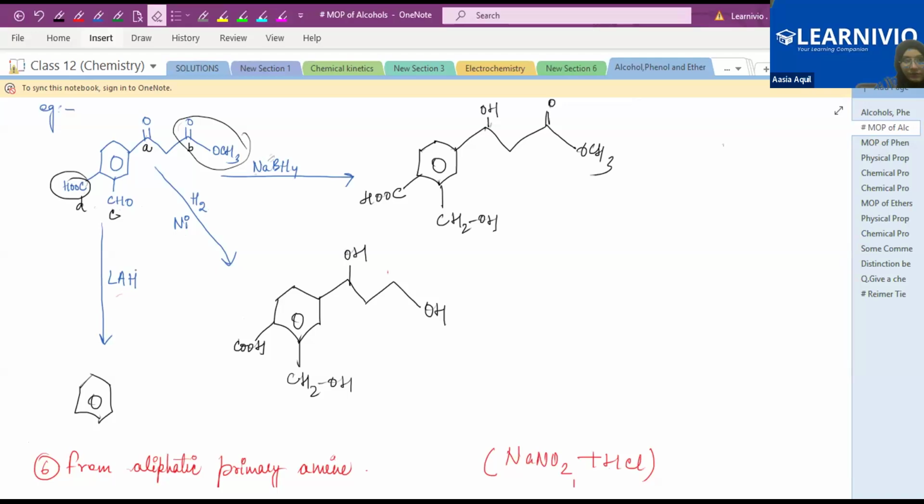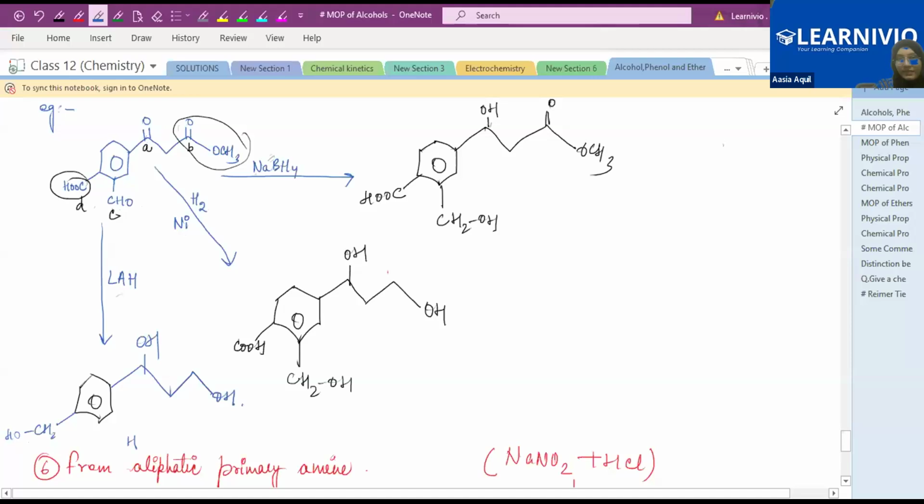Aldehyde will get converted to CH2OH, and carboxylic acid will get converted to CH2OH. This whole ester group you will remove and this will get reduced to OH. Ester will get converted to alcohol.